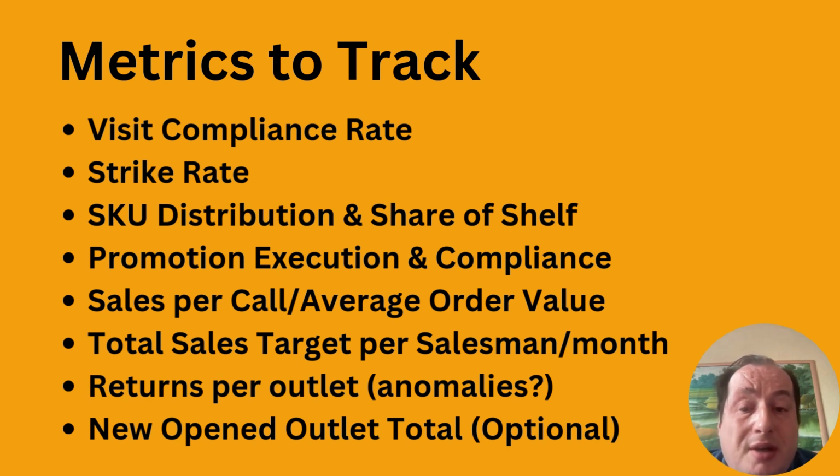Then, of course, the SKU distribution, meaning it's easy for salespeople to sell the fast mover. Let's say your company has 10 SKUs, meaning 10 stock keeping units, 10 products that they're selling. If it's jargon, SKU is actually a product. Let's say out of these 10 you have one star product that everybody wants to have, so you have the best distribution.